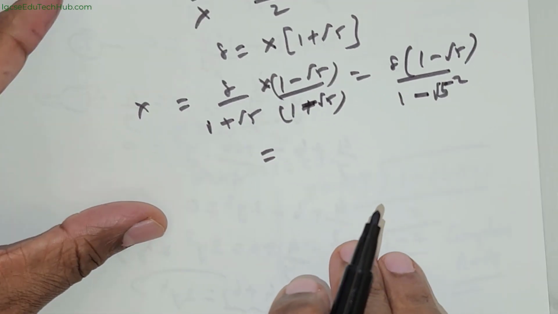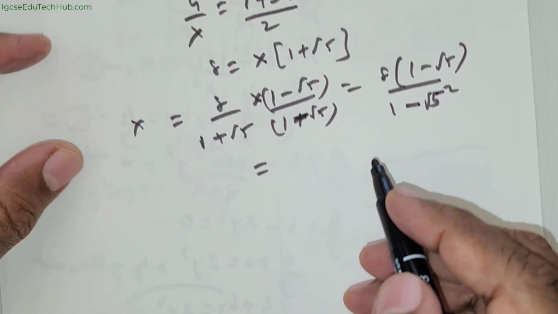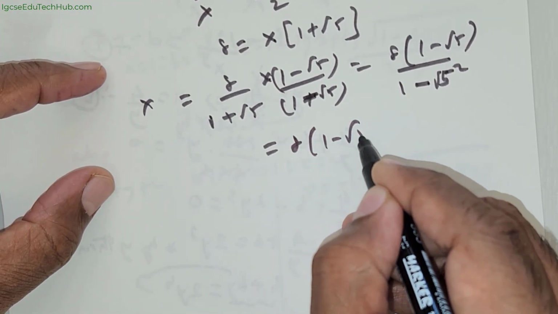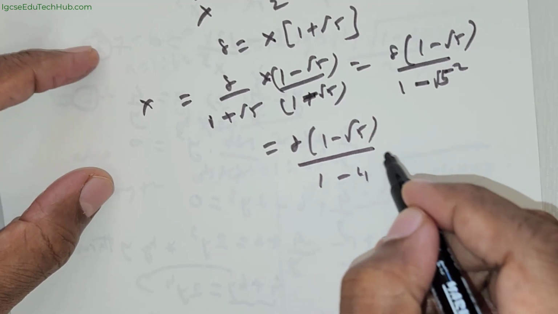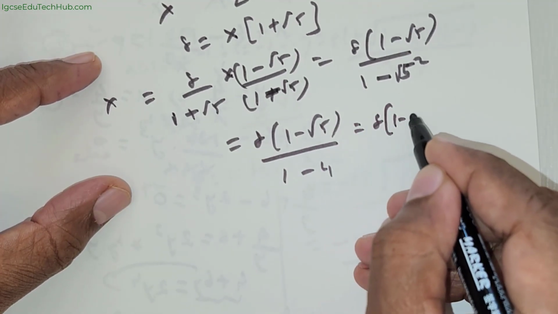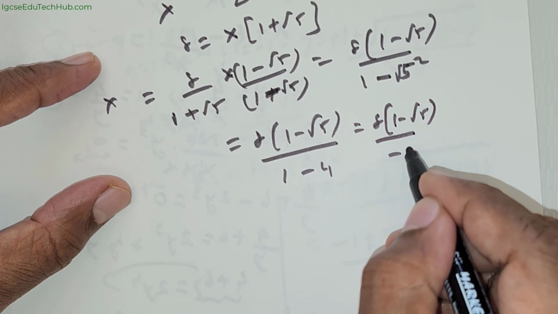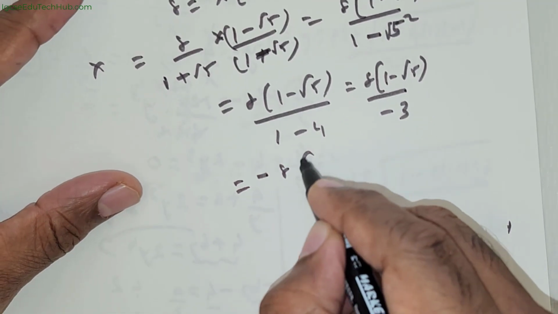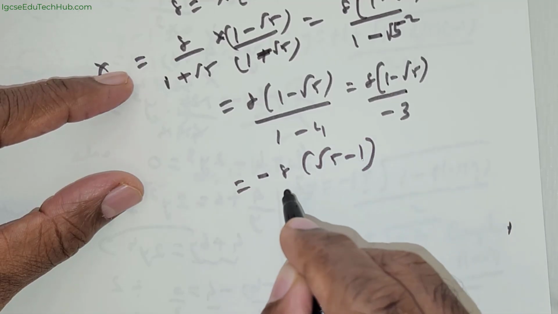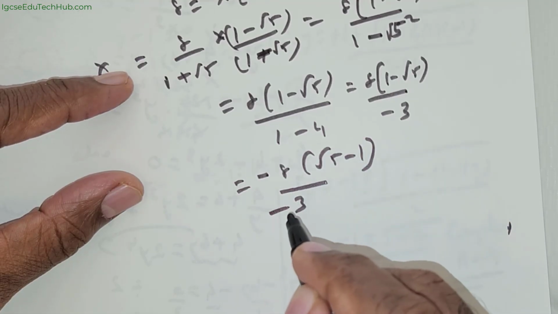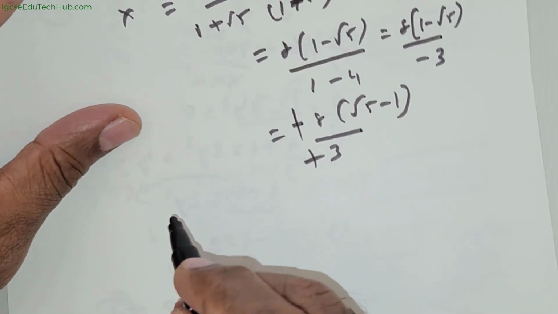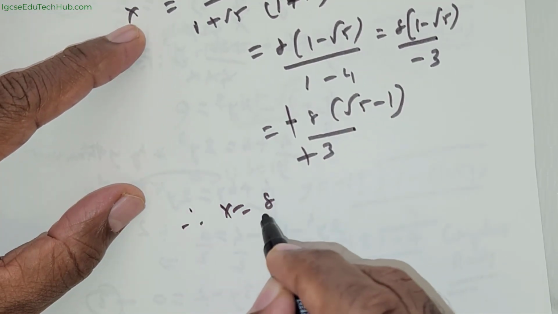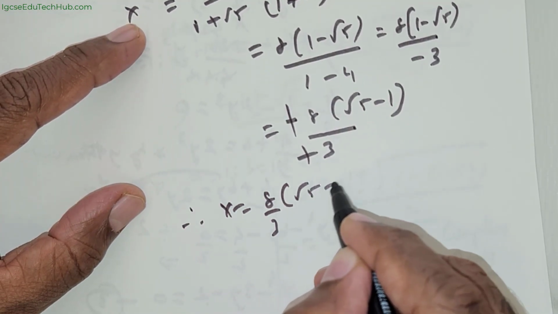So this is going to give me, I hope you're watching, 8 of (1 − root 5) divided by 1 − 4, so nothing but 8 of (1 − root 5) divided by −3. I take a negative sign out, so I get (root 5 − 1) divided by −3. So I become positive. So therefore x is equal to 8 over 3 times (root 5 − 1).